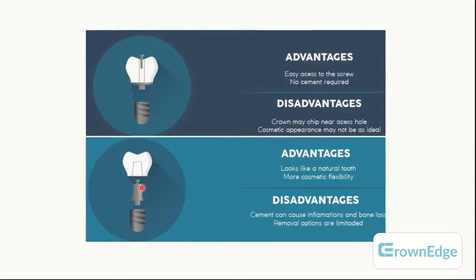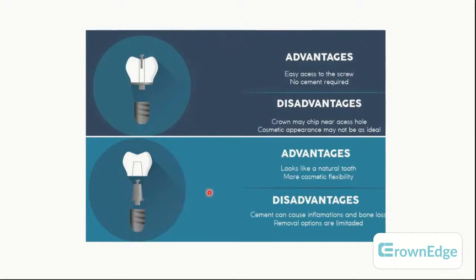We attach the screw to the prosthesis outside the patient's mouth, and the lab gives us a small hole. So when we are adding the cement to the abutment outside the patient's mouth, some amount of cement seeps away from the access hole. And then we attach it in the patient's mouth. That is referred to as a combination technique. It has the advantage of both screw plus cement.